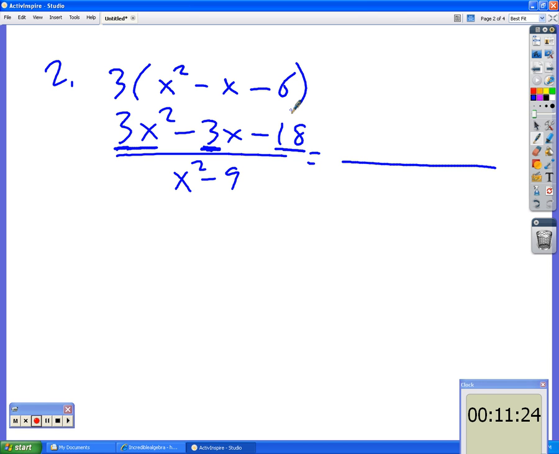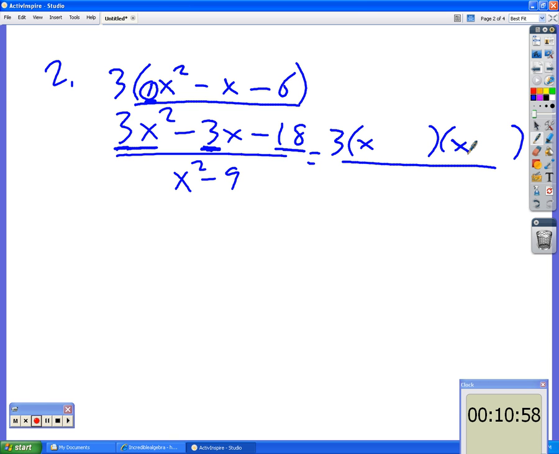Now I have a trinomial here, and I'm going to factor it. I've got the common 3, which I have to keep. I use 2 parentheses. This will work fine because I have a 1 in front of the x squared, so I go straight to the x squared. How do I get x squared? X times x.